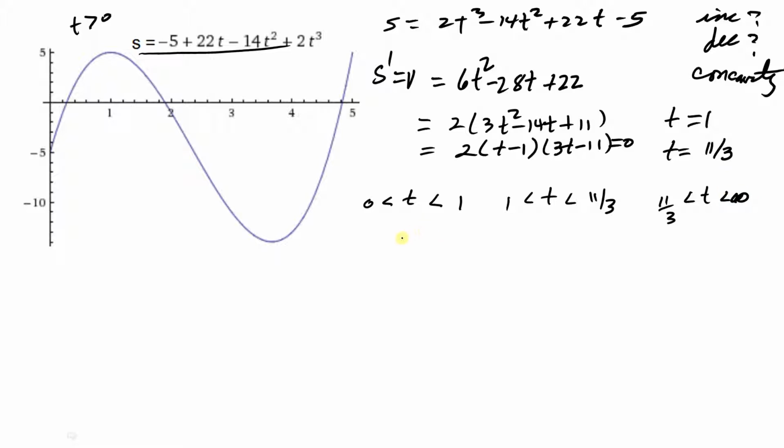The test point for the first interval would be 0.5. For the second interval, I would pick 2. For the third interval, I would pick 4.